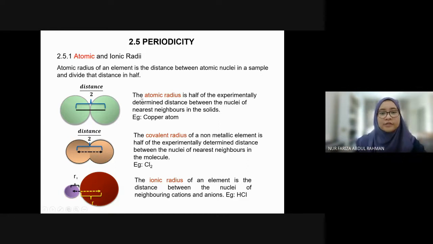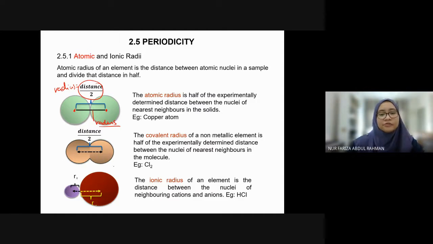The atomic radius is half of the experimentally determined distance between the nuclei of nearest neighbors in the solid. Assume this is the nucleus of the first atom, and this is the nucleus of the second atom. The distance between these two nuclei divided by 2 would be the radius of the atom.